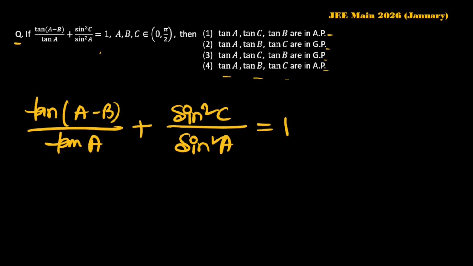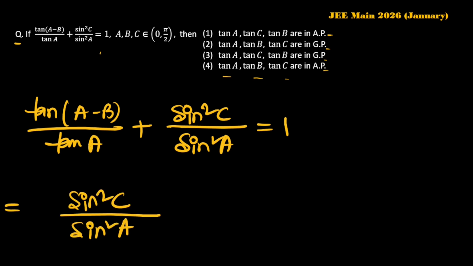So we convert the whole terms into tan form. We rearrange this term in this way and try to write all terms in tan form.